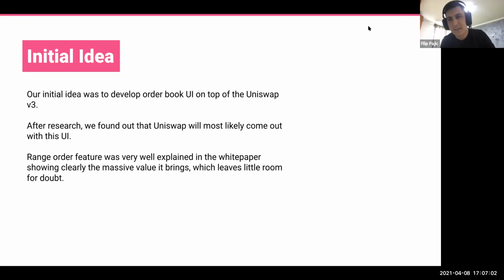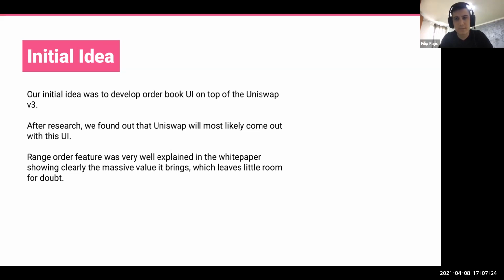Hi everyone. Thank you, Ratko. Leaning on what Ratko just explained, our initial idea was to develop an order book UI on top of this range order feature that Uniswap just introduced in version 3.